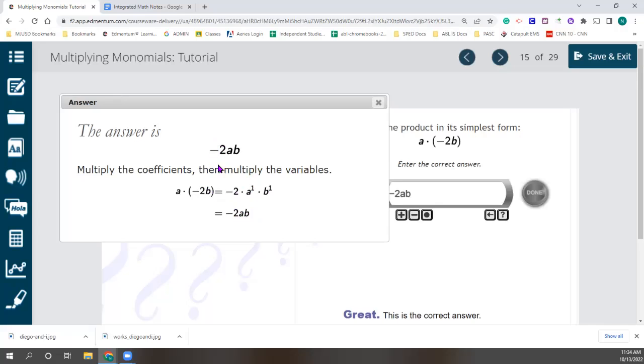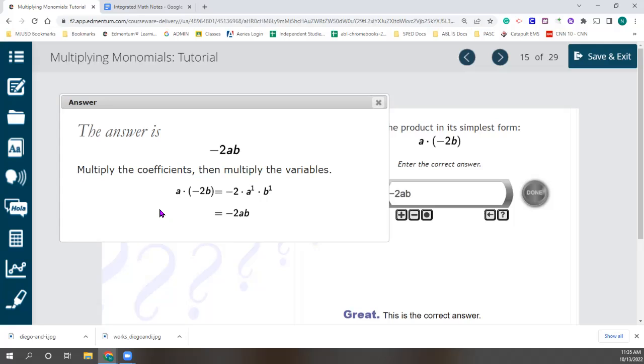So the reason why a positive times a negative is a negative is because, think of it this way. For every 1 day a week, I owe $2.